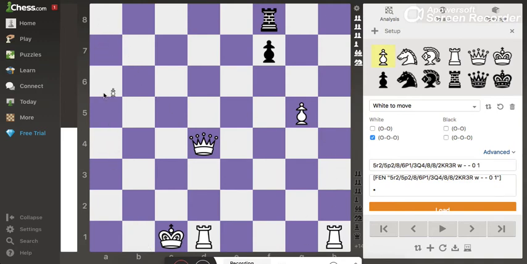So 4 rows of black and 4 rows of white. Somehow this pawn went here, and he is now in black's area, on the fifth rank.